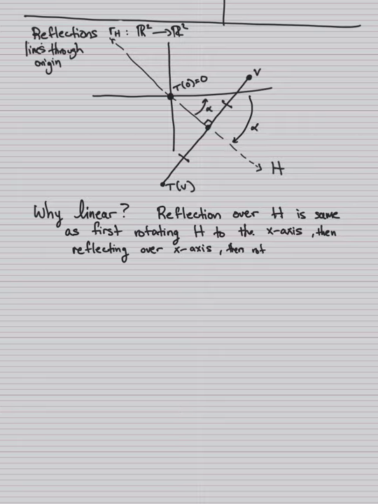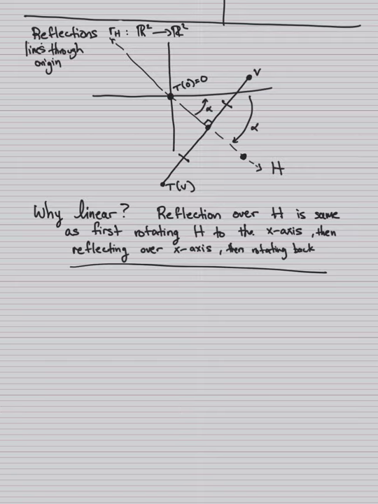This is a good thing to work out and convince yourself that these are the same functions. The first thing to check is that if you take a point on H, then it should be fixed under this procedure, since the reflection fixes H.